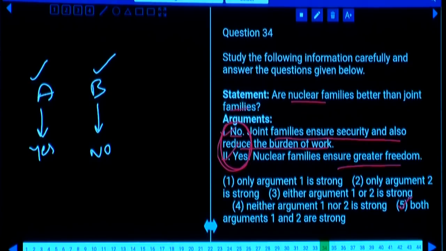These are not for implementation, so the either-or case is ruled out. If at all you want either-or in strong and weak arguments, one must be yes, another must be no, both must be strong, and both must be talking about the same point. Then only it is either-or. Same point means here he is talking about greater freedom. Now here he should talk about how in these families there won't be any freedom. Then it is either-or. Both these points must be the same. Then only either-or, else it is both 1 and 2, choice 5.